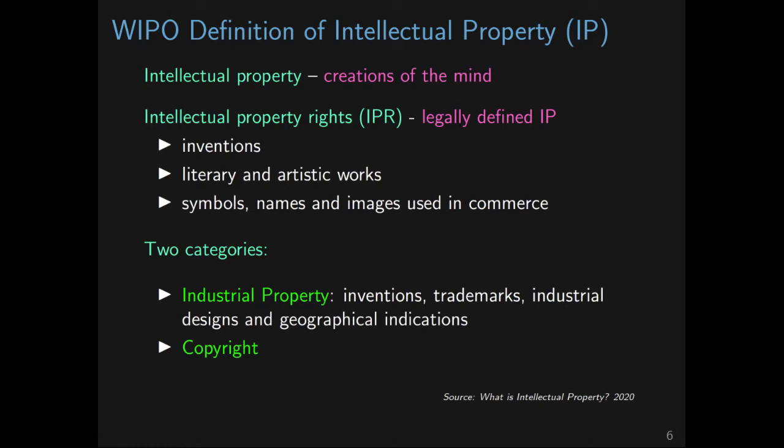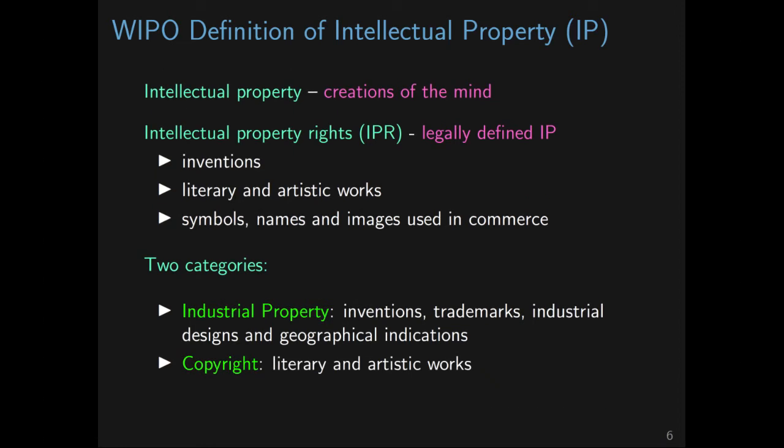This can also be categorized into two: industrial property, which includes inventions, trademarks, industrial designs, and geographical indications. As you probably notice, the industrial properties are those that are of functional nature. On the other hand, the artistic works belong to copyright.